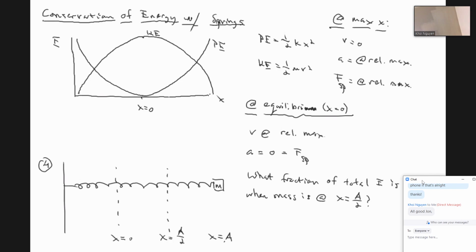So think of what we start with and what energies we have when x is at A over 2. And then to find the fraction, we take the partial divided by the total energy that we started with, okay?